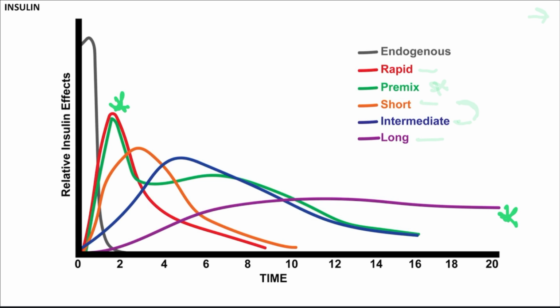So first, cost. The long-acting and the rapid-acting insulins can be very expensive, even with insurance. And for those individuals without insurance, it can be impossible to afford. However, regular insulin, or the short-acting insulin, and NPH, or the intermediate insulin, are much cheaper and available over the counter.